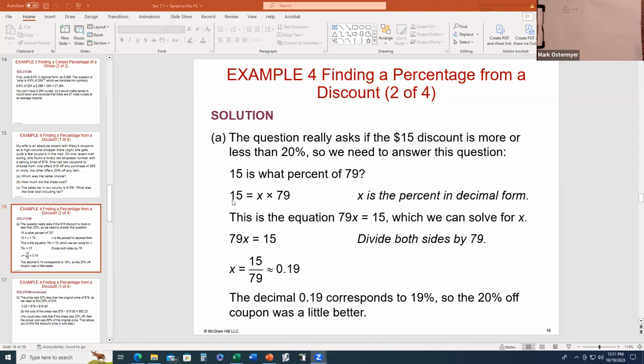So what they did is they set up an equation by translating these words into an equation. 15, the word is means the equal sign. What means unknown, so what percent means the percent is unknown, they call it X. Of means multiply, 79. So we really have to solve this equation for X, so we divide both sides by 79.